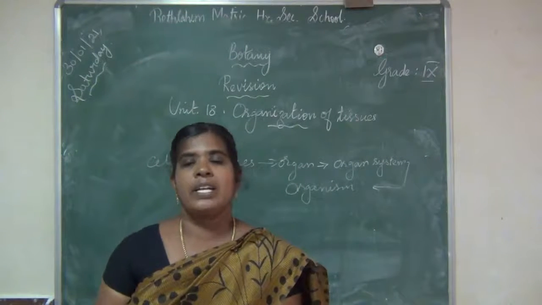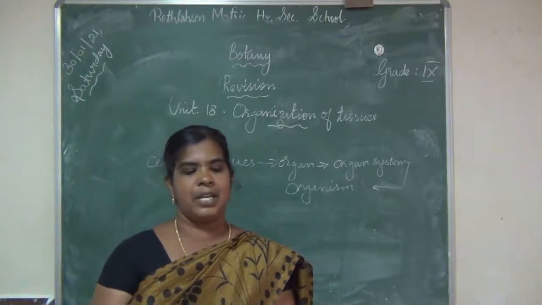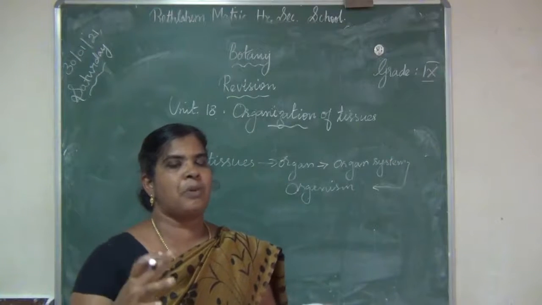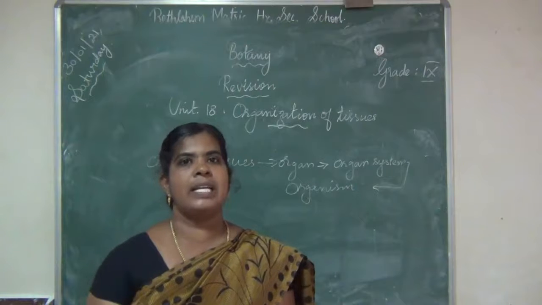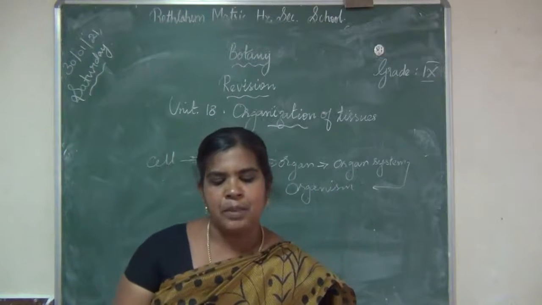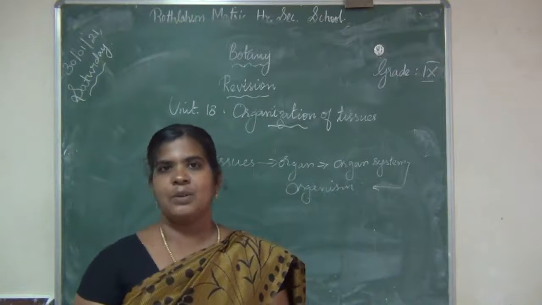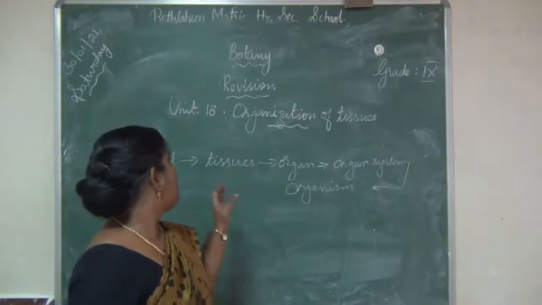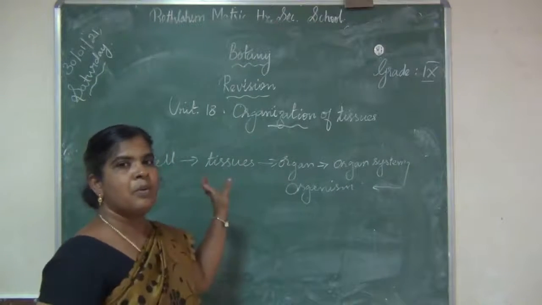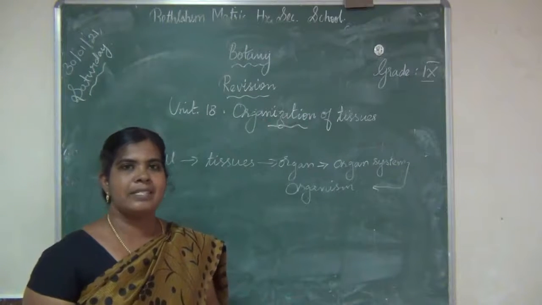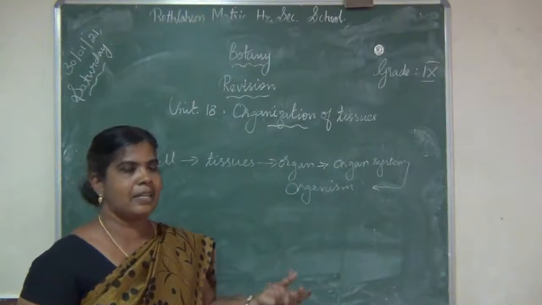Next, organ. Organ is a structure made up of a collection of tissues. So a group of tissues forms the organ. For example, in plants, the root, stem and leaves are the organs. So you must know what is cell. What are unicellular organisms? Example. What are multicellular organisms? Example.